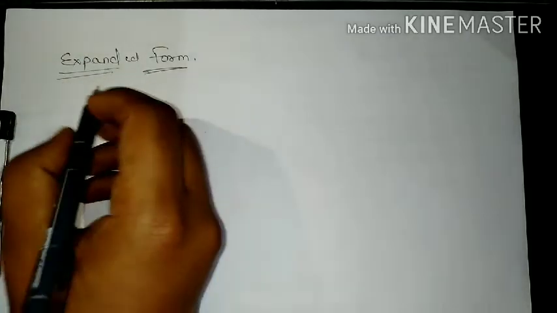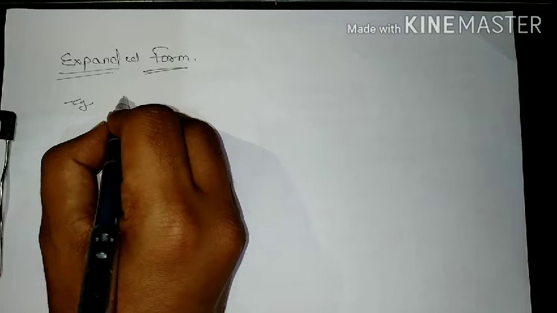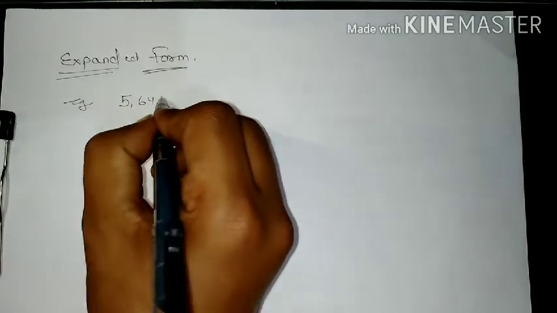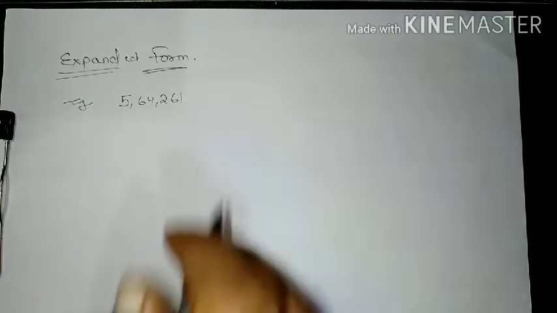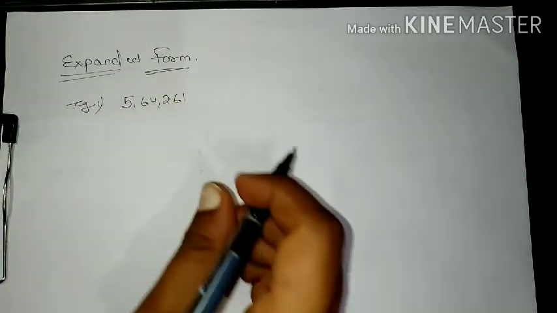For that, we just have to know the place value of each digit. Let's take an example. If you have to expand this particular number, 5,64,261.